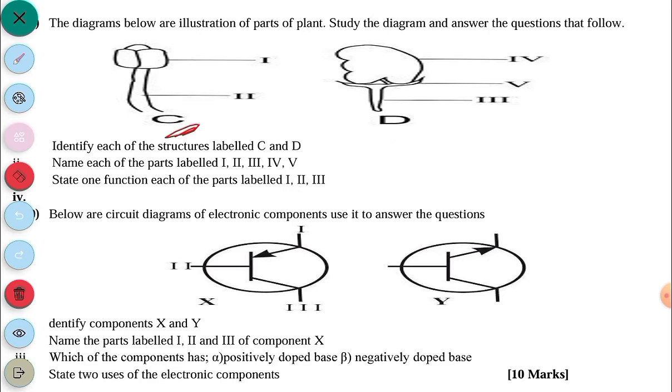C is the androecium and then D is the gynoecium. Androecium simply means the male part of a flower, and the gynoecium is the female part of a flower. Now, I is the anther, II is the filament, IV is the stigma, V is the sepals, then III is the receptacle.